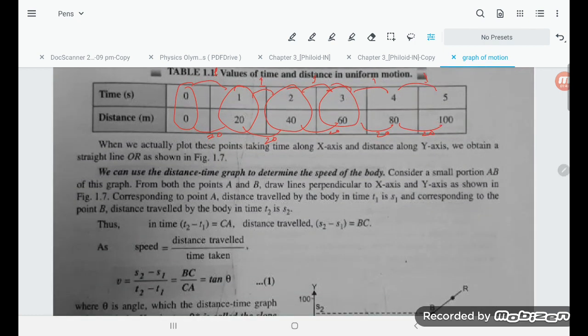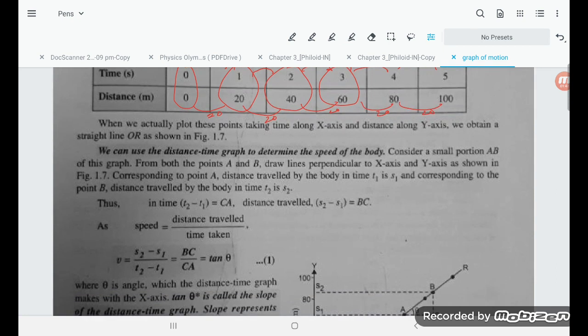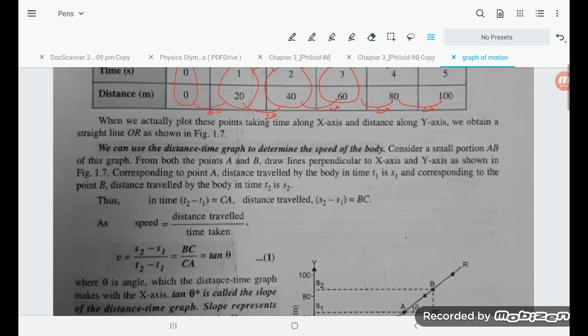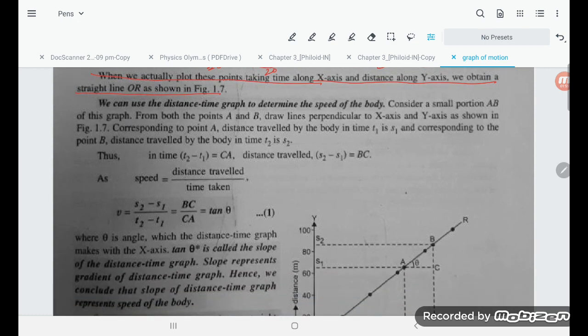So dear students, how can you make the graph? When we plot these points, taking time on the x-axis and distance on the y-axis, we obtain a straight line graph. We can use the distance-time graph to determine the speed of the body. Consider two small points A and B on this graph.